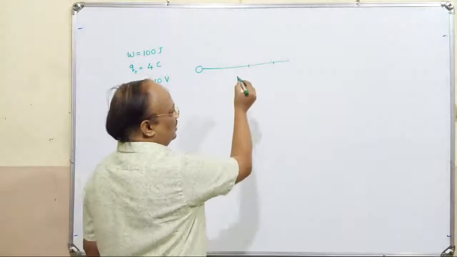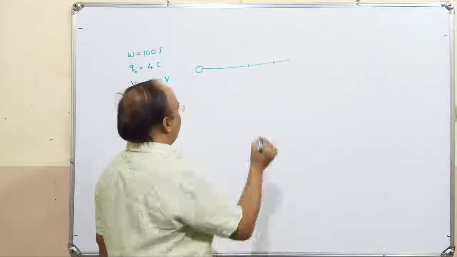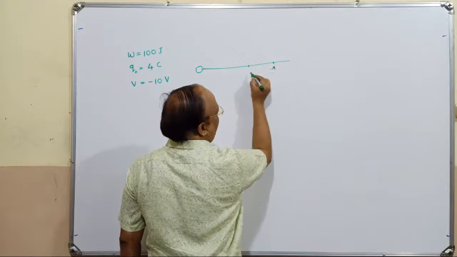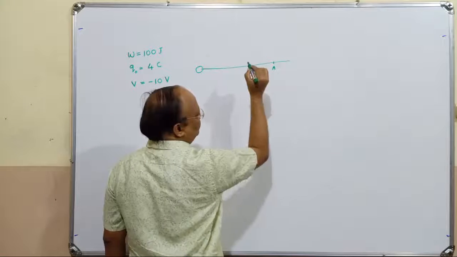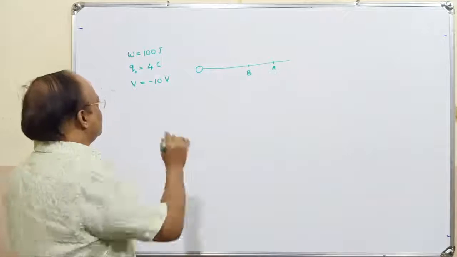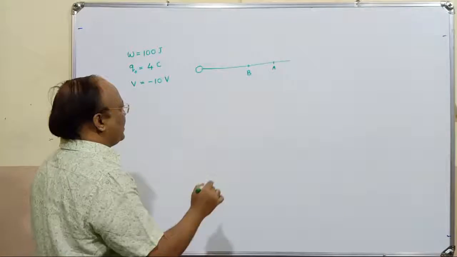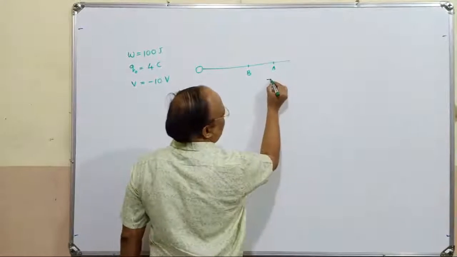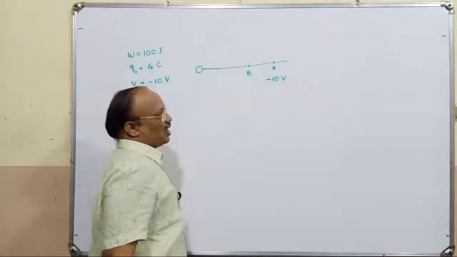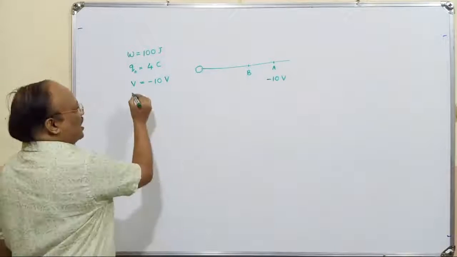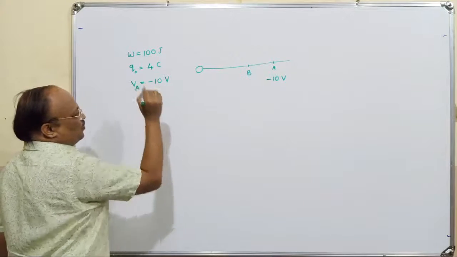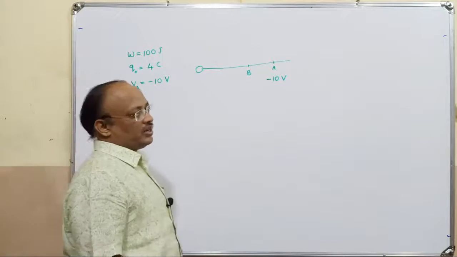Because of the source charge, at these 2 points, say point A and point B, at point A we have minus 10 volt of potential. So VA is minus 10 volt.